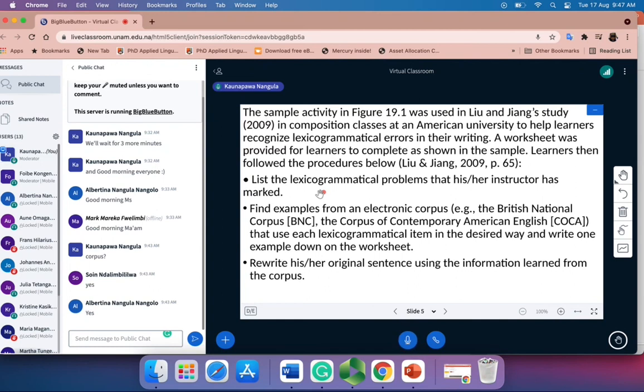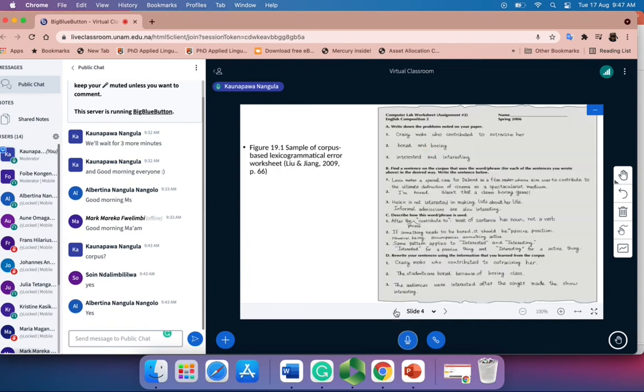Now, in the worksheet, they say you must list the problem, right? So here in the first part is a list of all the lexical grammatical errors that the learner had in their paper as marked by the instructor.